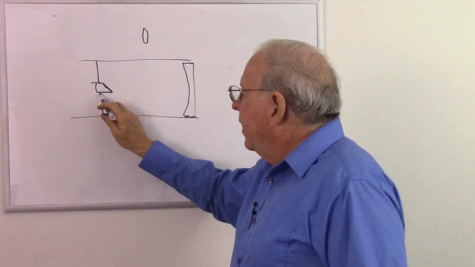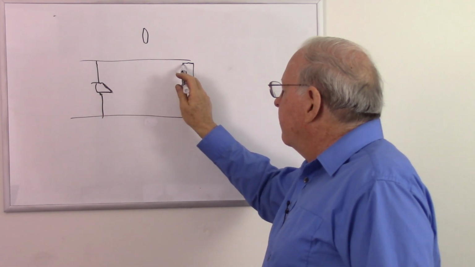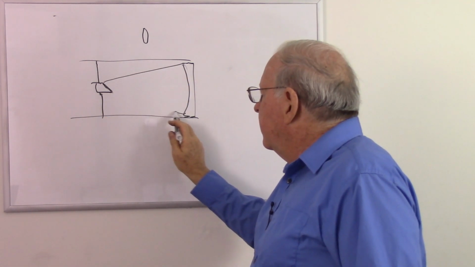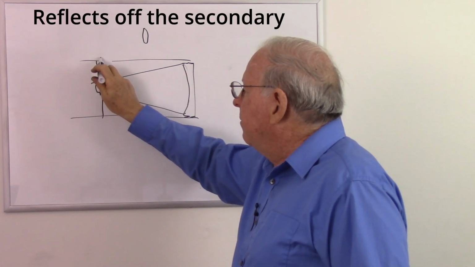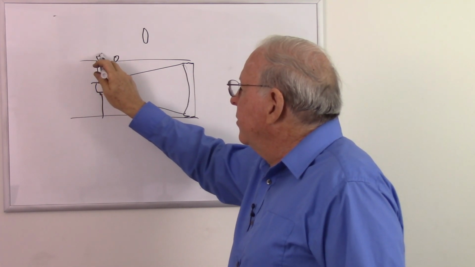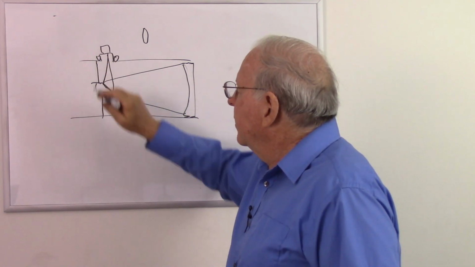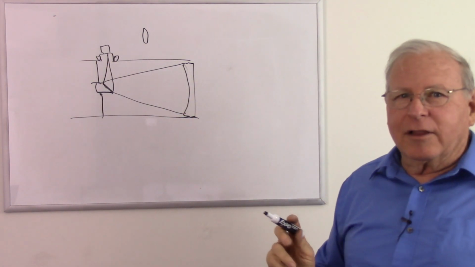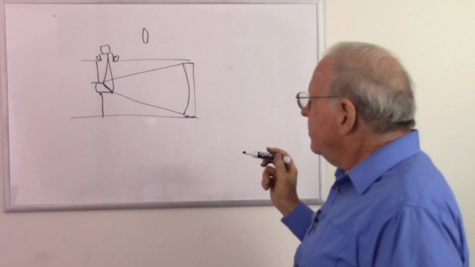And so the light comes in past the secondary mirror, hits the primary mirror, focuses on the secondary, and then we have a hole in the side here where we have a mounting apparatus for an eyepiece. And that's called a Newtonian telescope. Guess why? That's one that Newton himself built.